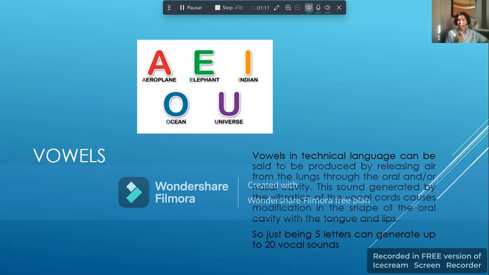It's a very complex system, and just 5 letters can generate 20 vowel sounds. For example, the letter A could be aeroplane, elephant, ocean, universe, all this with the air of your lungs.